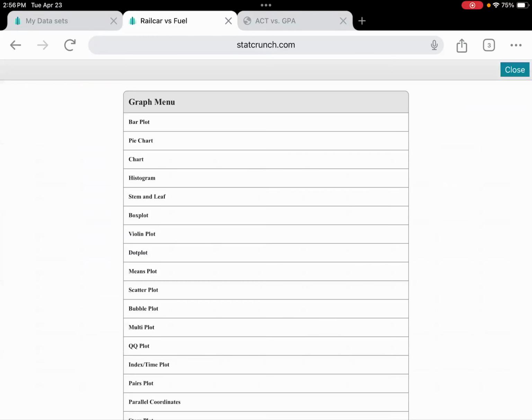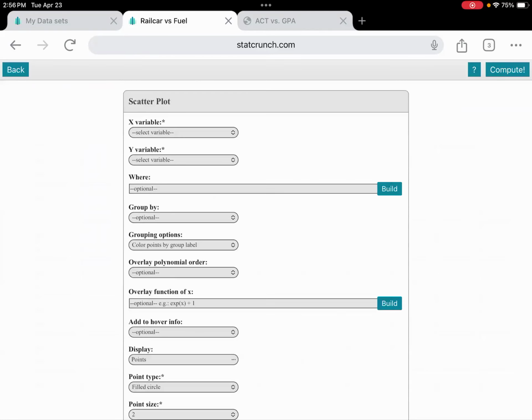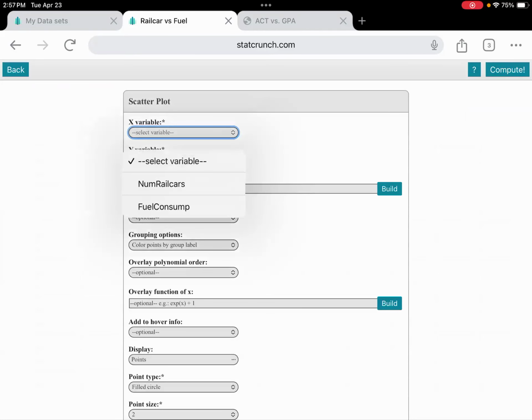So our new picture, graph, scatter plot. And then which one is X, which one is Y? For our X variable, we ask the question, which one comes first? Do you attach the rail cars to the train or do you find out your gas mileage first? The first one, maybe.